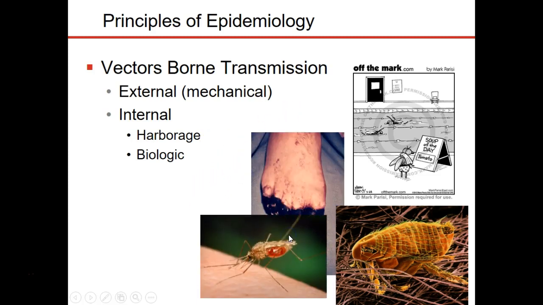This is what plague looks like. Now biological vectors. Here's a mosquito. Mosquitoes carry malaria. The protozoan Plasmodium causes malaria. This protozoan gets inside the mosquito and has part of its life cycle there, the sexual reproducing portion.